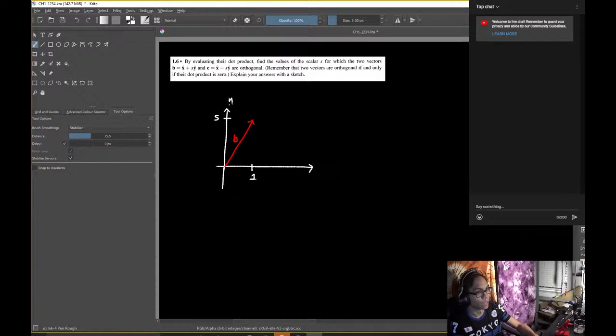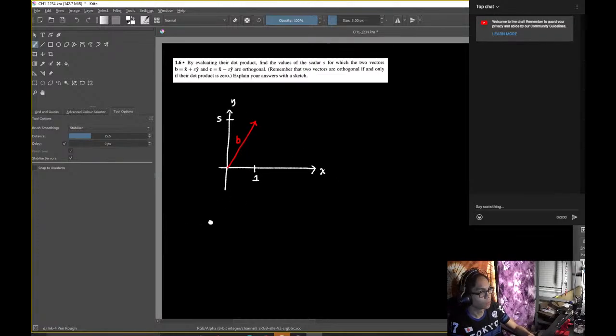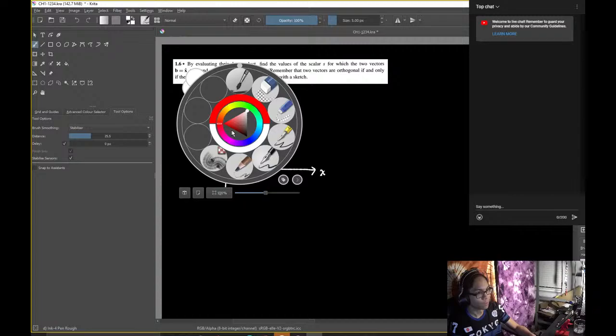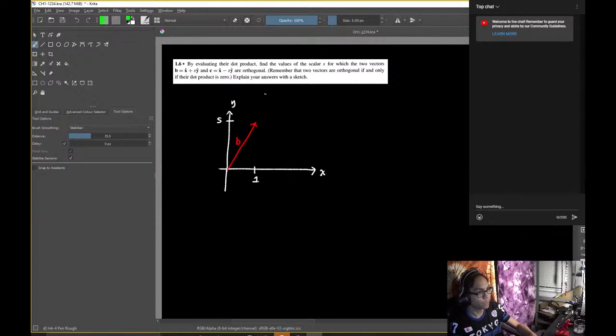Oh, and by the way, this is the y-axis and this is the x-axis. All right, next one. Let's make this one green real quick. C is equal to x of negative s, so it's going in the opposite direction. Point that out, and then whatever this s is.